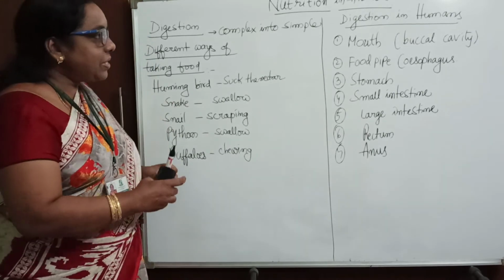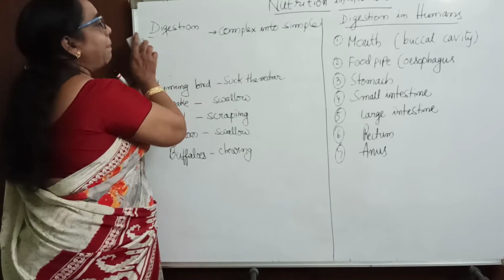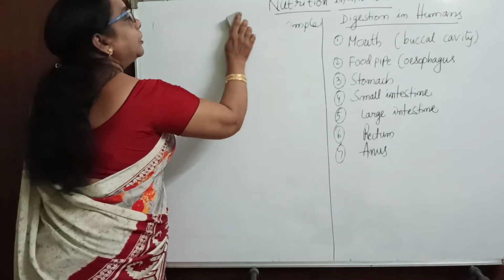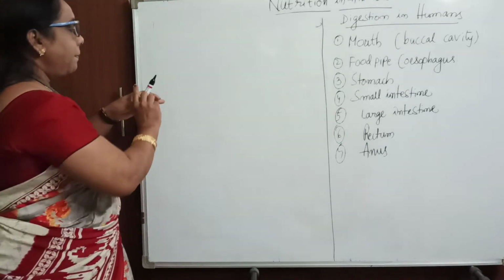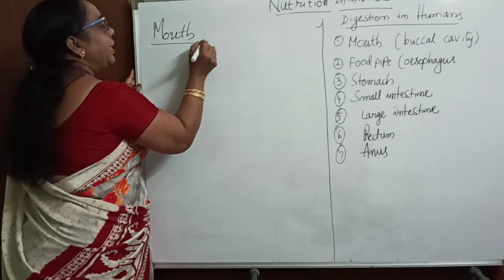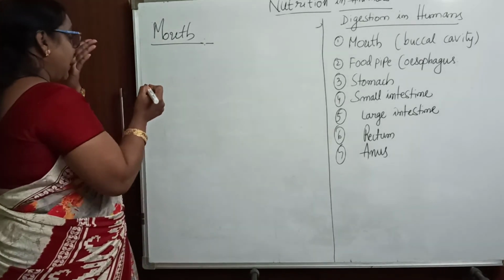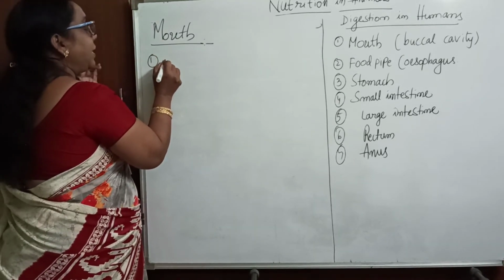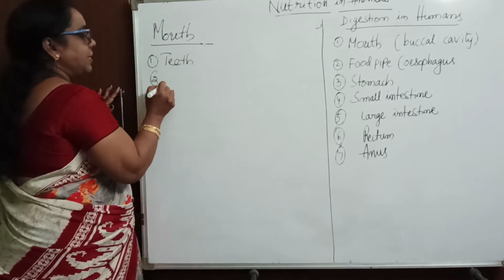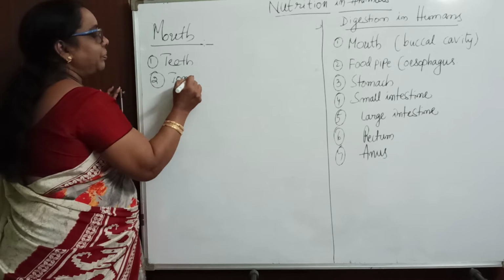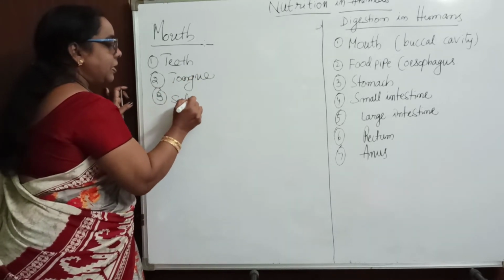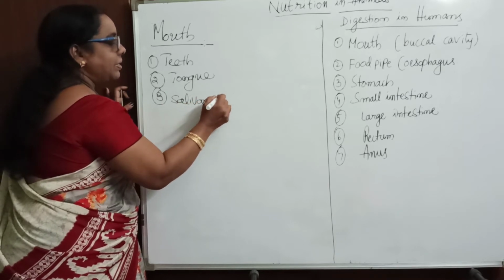The first one, let me talk about the mouth. What are the different parts present in the mouth? We have to study about teeth, and next the tongue, and we have to study about salivary glands.